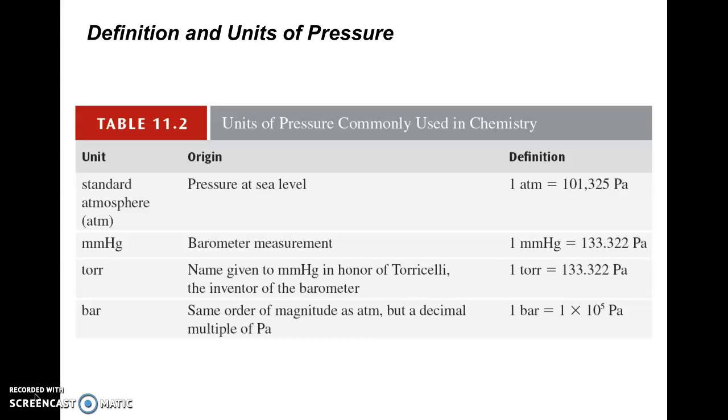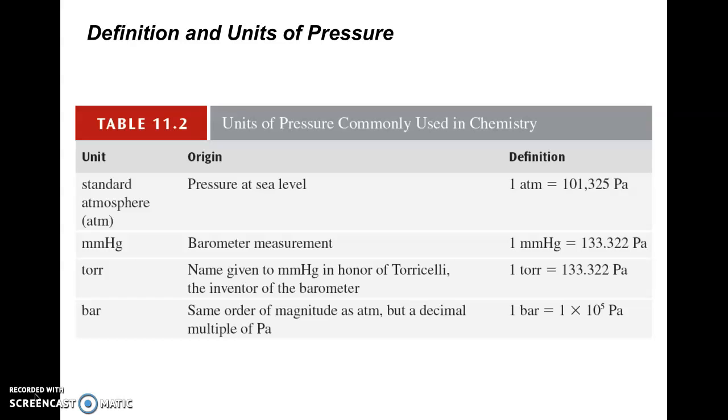And there's a whole lot of units for pressure. Generally in this country we use the standard atmosphere, which is over 101,000 pascals. We talk about millimeters of mercury in the lab, and that comes from using a barometer which was filled with mercury. You can see a millimeter of mercury is still much bigger than a pascal, 133 times.